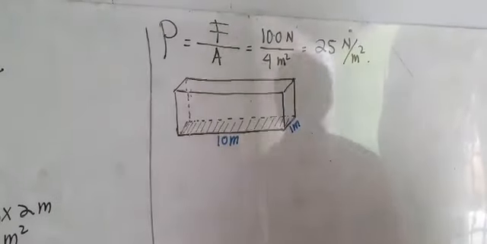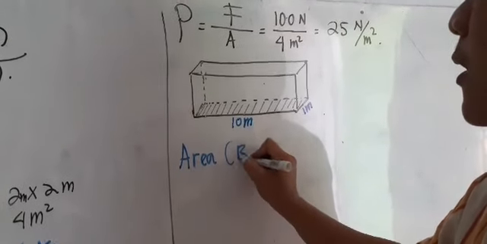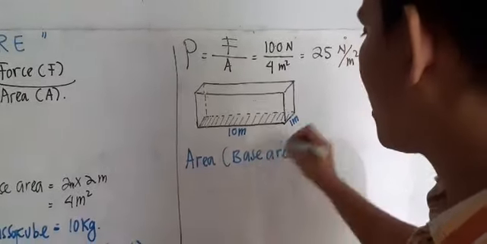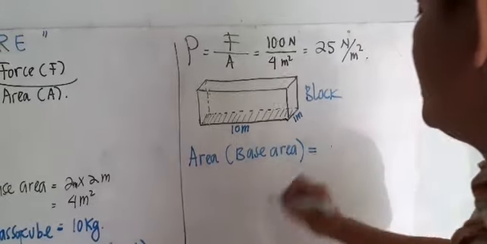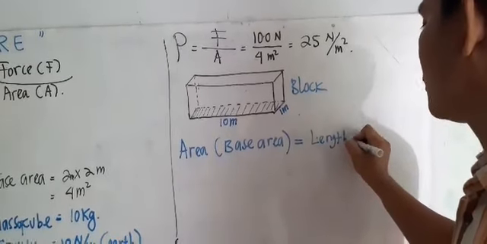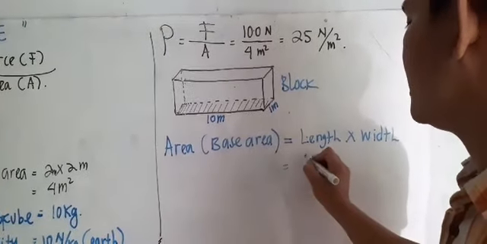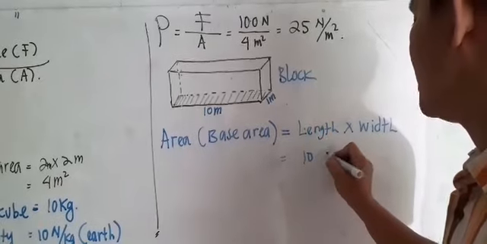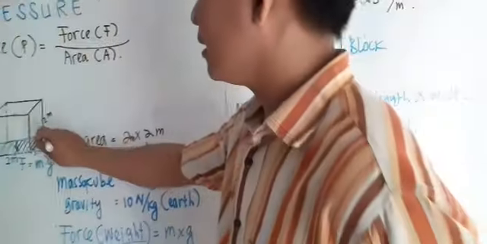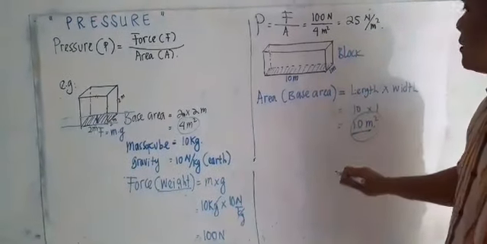So the base area of the block is equal to the length times the width, which is 10 times 1, equal to 10 meters squared. Compared to the first object, which has 4 meters squared, this one has 10 meters squared.